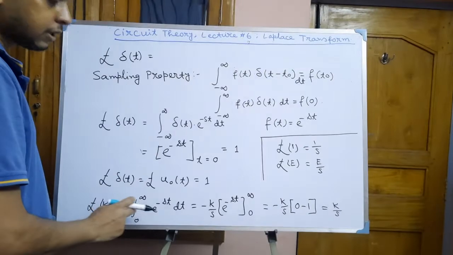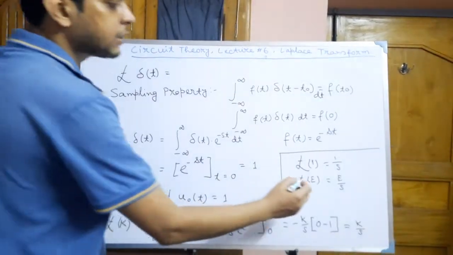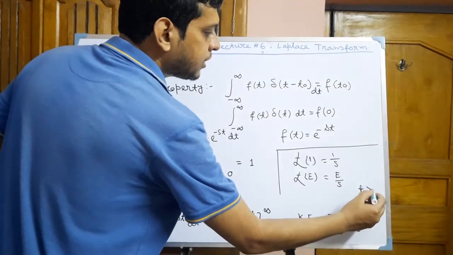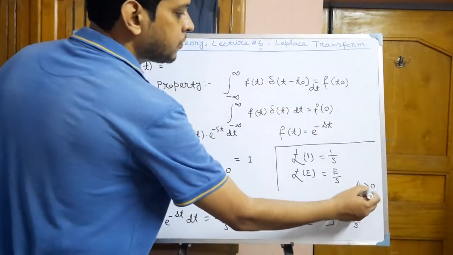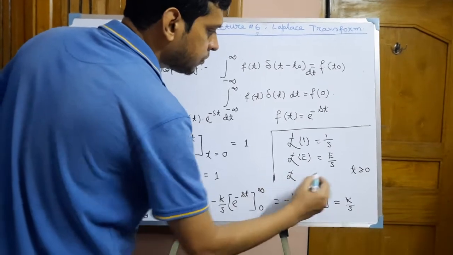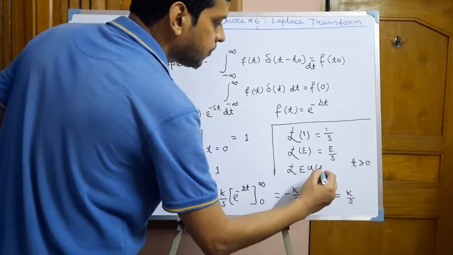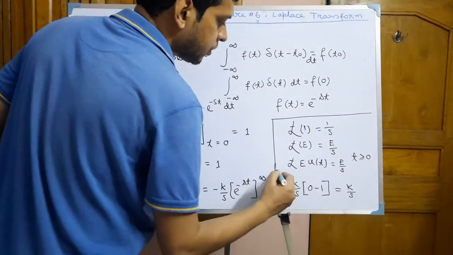So this is a causal function, or this function is non-zero on and after t equal to 0, or t greater than or equal to 0. So this is actually the Laplace transform of E u(t), which is equal to E by s.